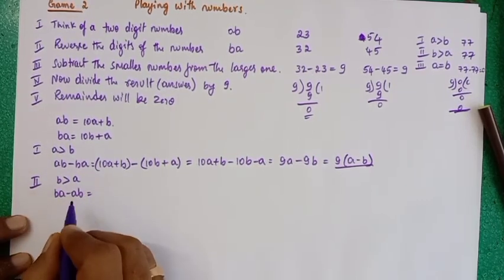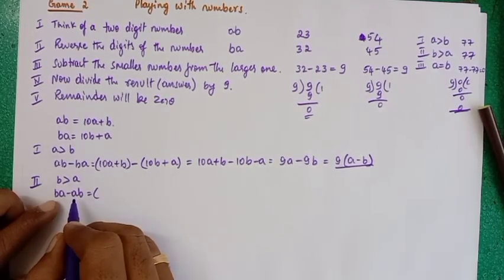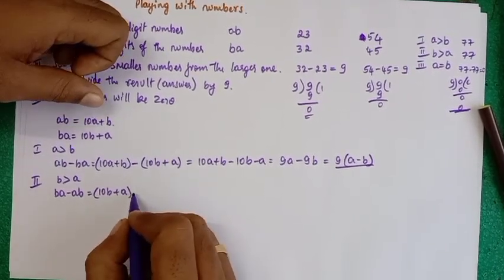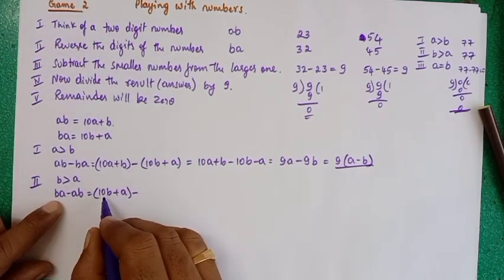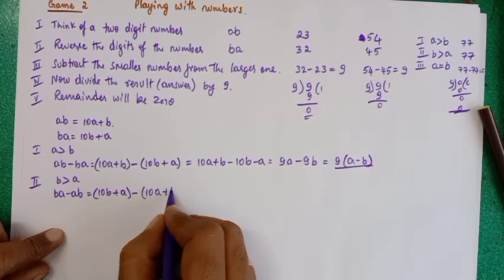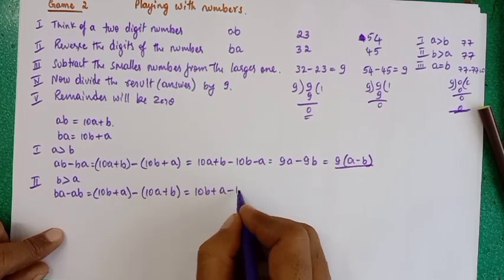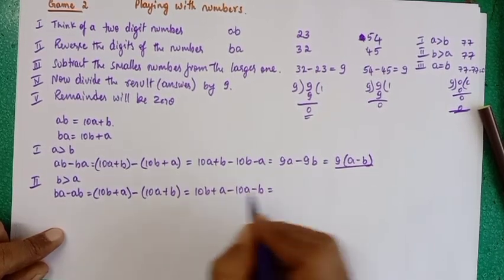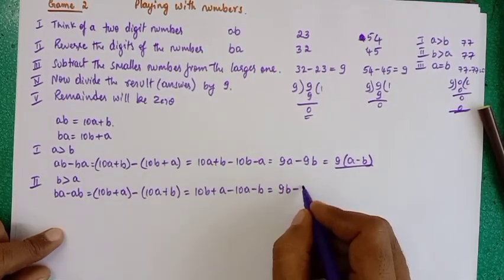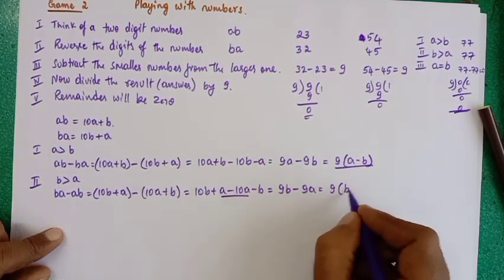BA is 10B plus A, the greater number, and then we subtract 10A plus B. So 10B plus A minus 10A minus B equals 9B minus 9A, which equals 9 times (B minus A).